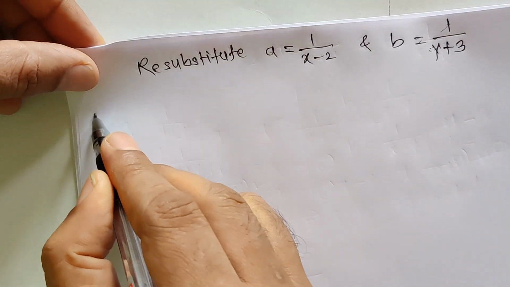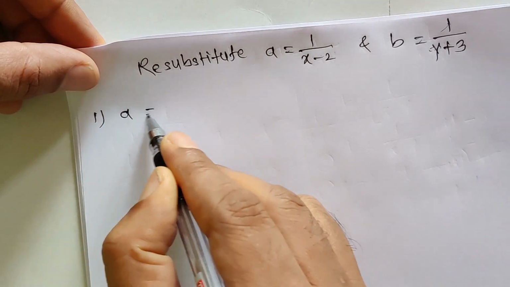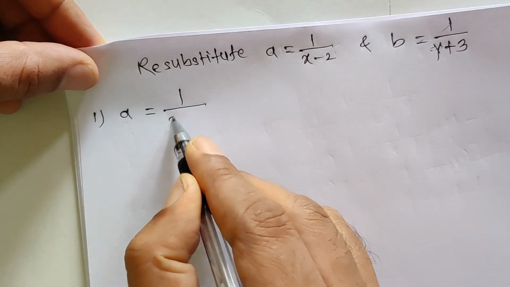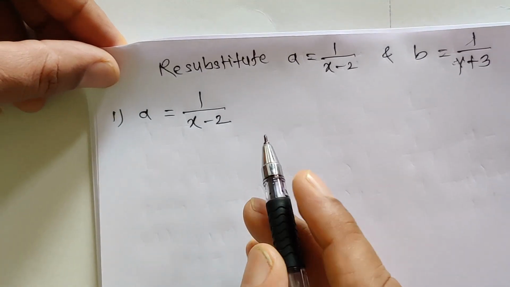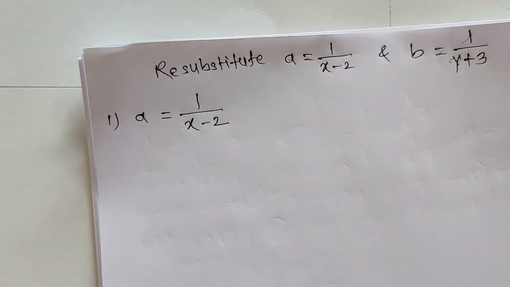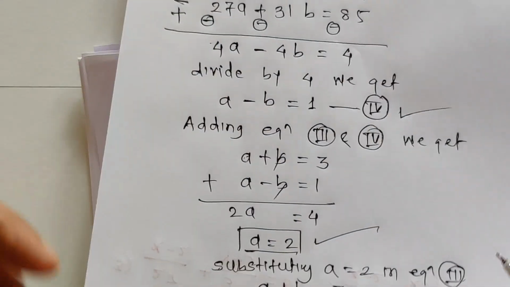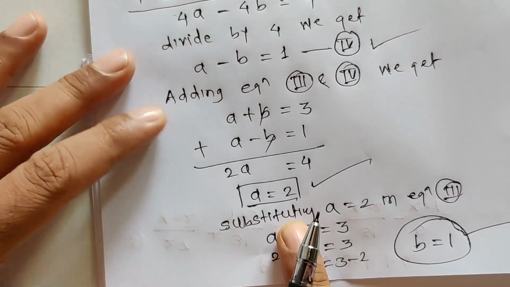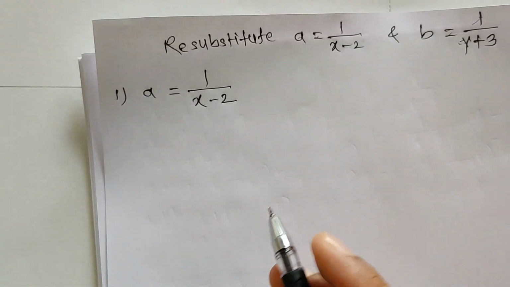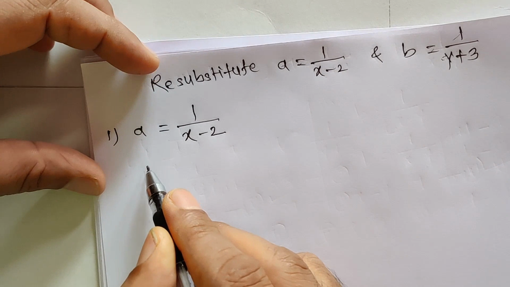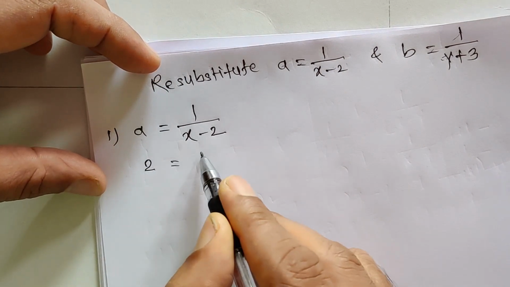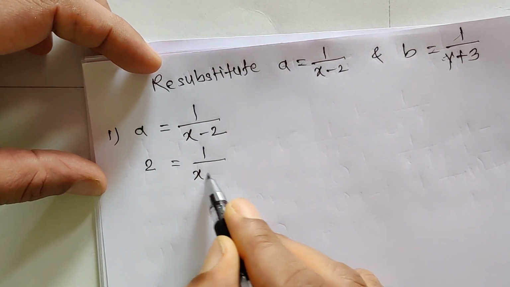So first part, a is equal to 1 upon x minus 2, but here the value of a is 2, so substitute that value. 2 can be written as 2 upon 1, means 2 is equal to 1 upon x minus 2.